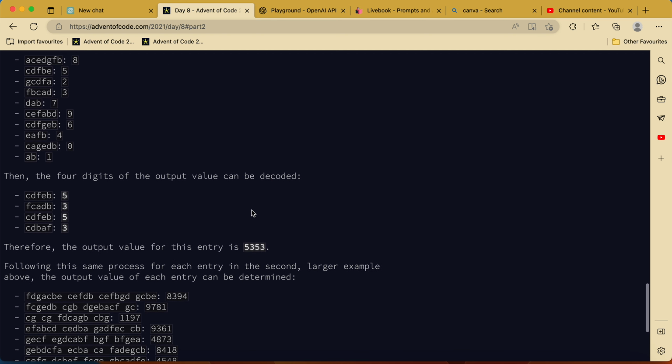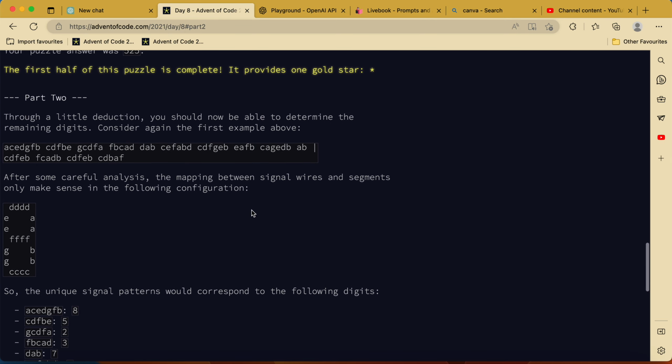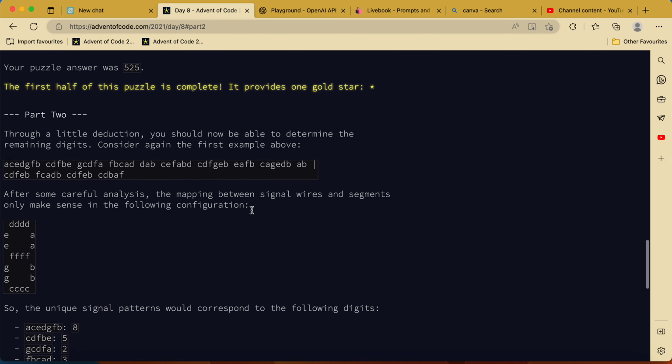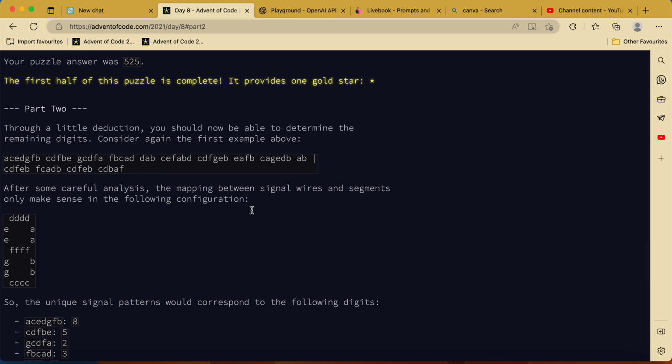Okay, let me see what exactly the task is. Through a little deduction, you should now be able to determine the remaining digits. Exactly what I was talking about for digits like 0, 6, 9, and 2, 3, and 5.